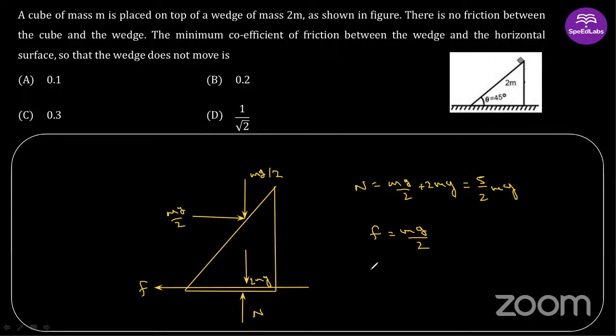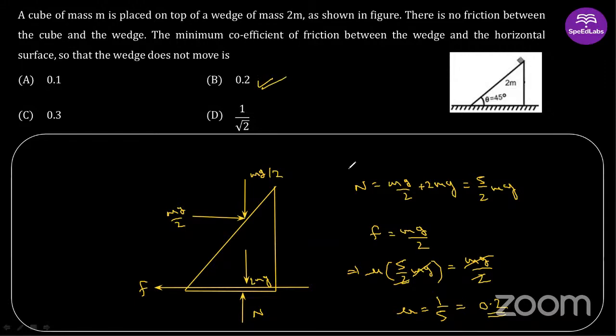And here we can get that friction is nothing but mu into N, and they are asking mu only. So mu into normal, 5 by 2 mg, is equal to mg by 2. Mg and mg get cancelled, 2 and 2 get cancelled, so mu is nothing but 1 by 5, which is nothing but 0.2. So the coefficient of friction should be this.